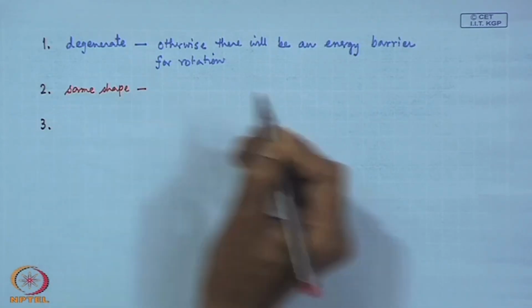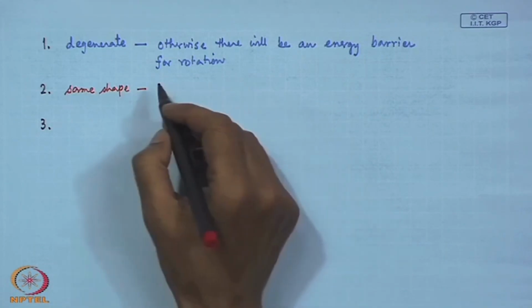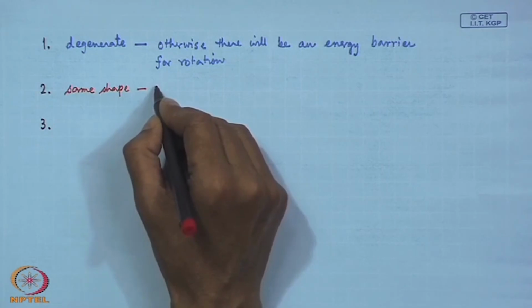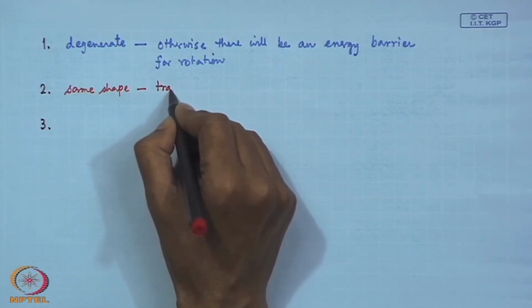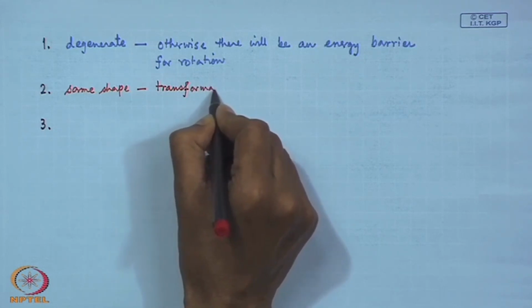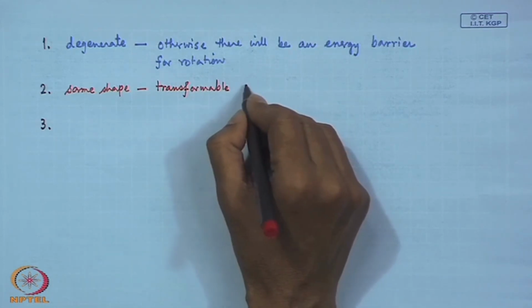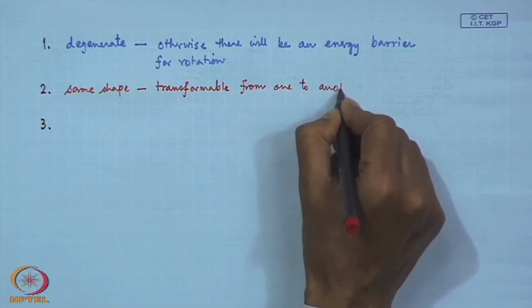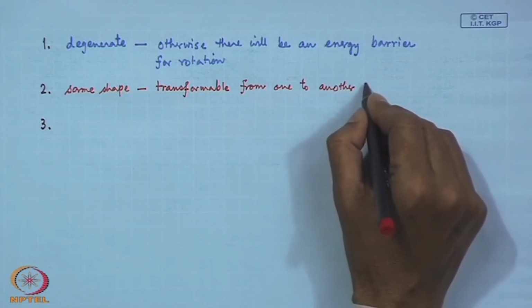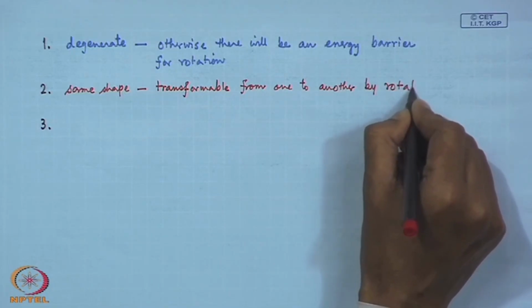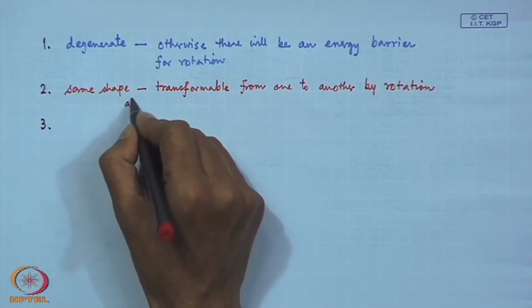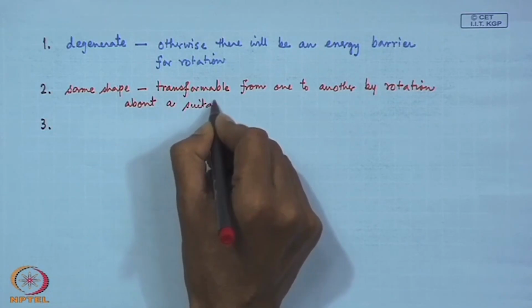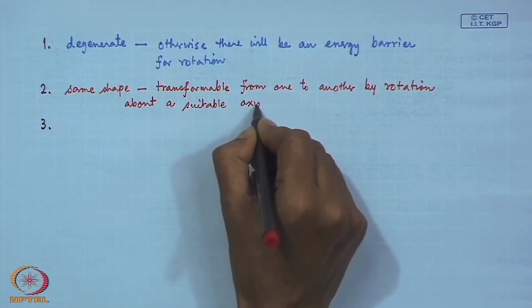What we are talking about, these dxy and dxz orbitals, must be transformable from one to another by rotation about a suitable axis.